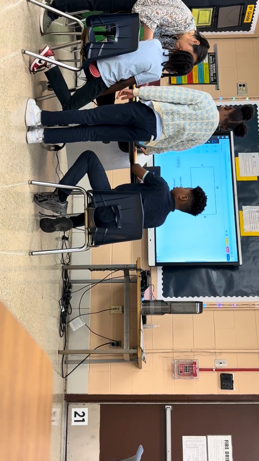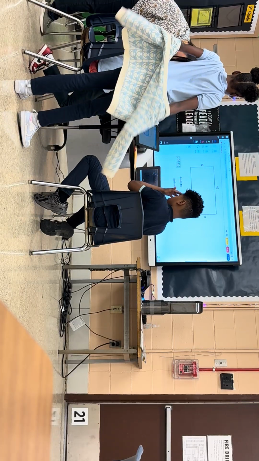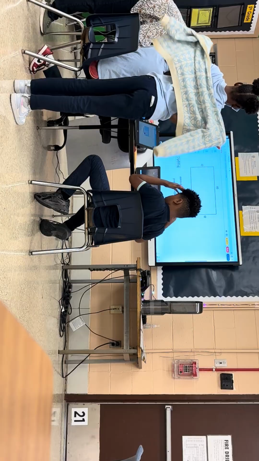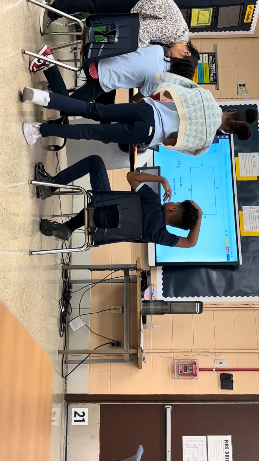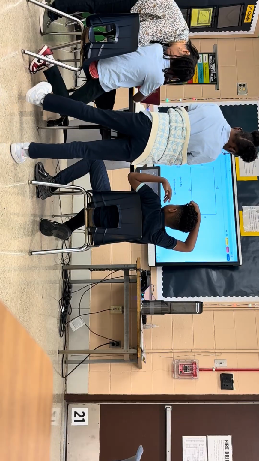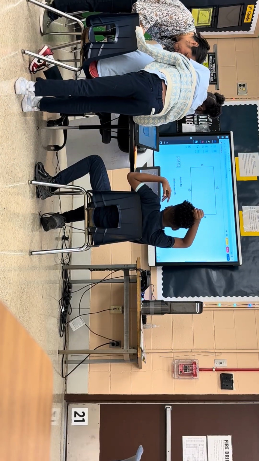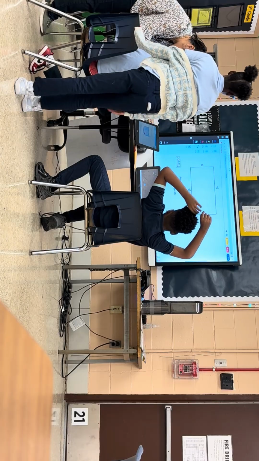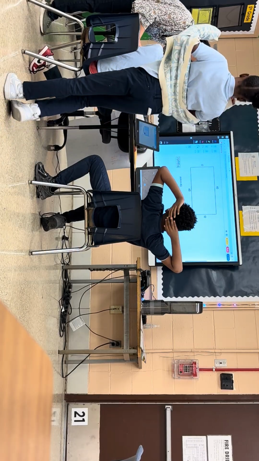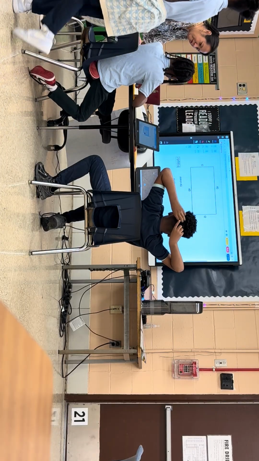You want to use standard algorithm or you want to use base 10 blocks? 10, 20, 30, 40, 50, another 50, and ones. 1, 2, 3, 4. Ones are represented with the dots. So, minus 80. Scratch off 80.